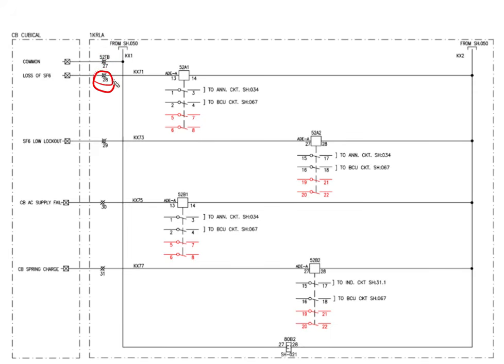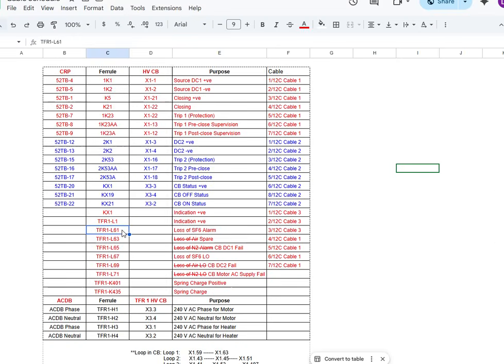Now loss of SF6 indication is 52 TB 28, and the ferrule used is KX71. I'll just check once again.